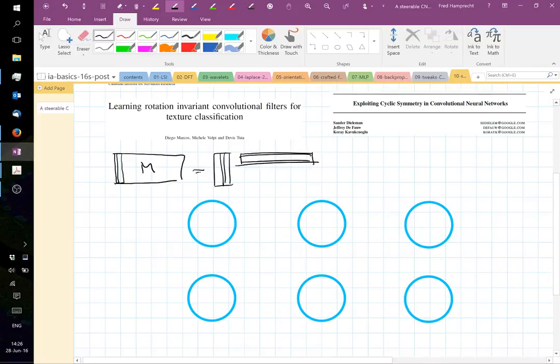If you remember, I also argued that the coefficients on the right-hand side, which tell me how I can synthesize a filter at an arbitrary rotation as a linear combination of these basis filters, are actually complex oscillations, and I said why that had to be the case.